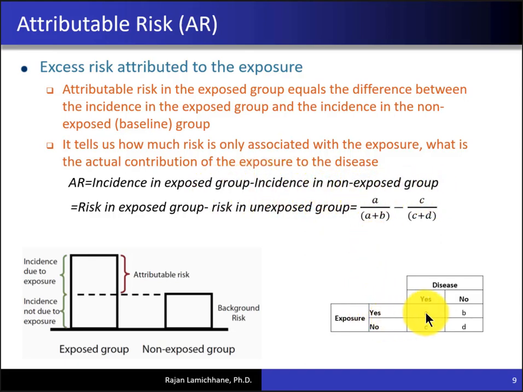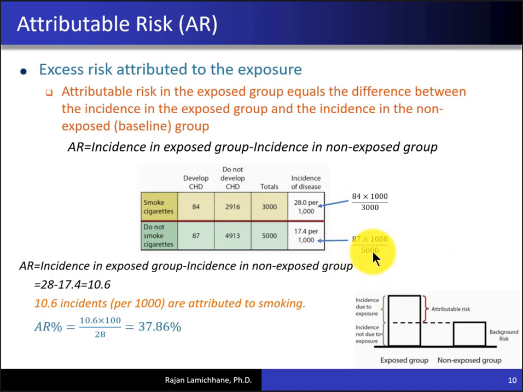So in the exposed group, the risk is A over A plus B, minus in the non-exposed group C over C plus D. If you subtract these two risks, you will get the attributable risk. So attributable risk in the exposed group equals the difference between the incidence in the exposed group and the incidence in the non-exposed group.